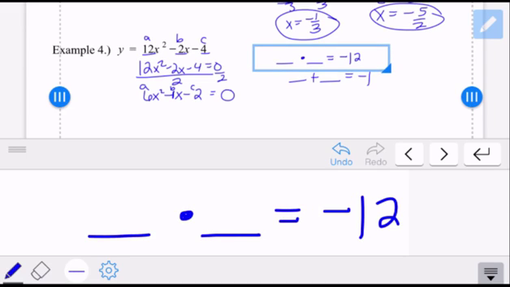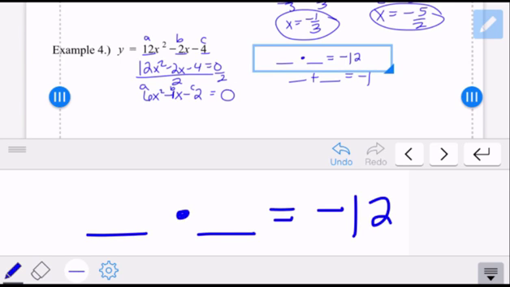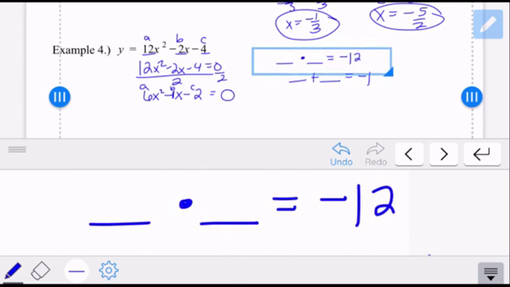So what can we do with -12 and those factors to get us a -1 as a sum? Well, let's see. We could do 1 and 12. I don't think that would get us a -1. 2 and 6. Nope, those are still too far apart. What about 3 and 4?